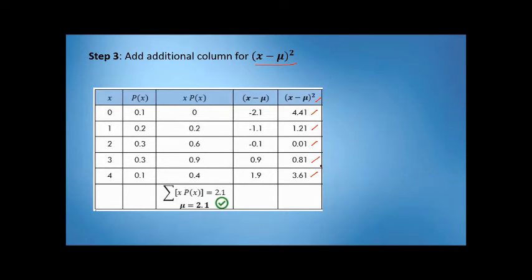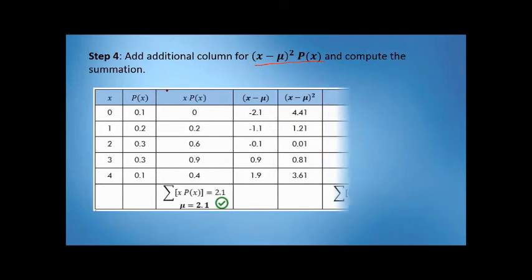Again, we don't need a summation here, because what we need to sum is the product of x minus mu squared and the probability. So step number 4 is to add an additional column for x minus mu squared times p of x, followed by the summation.